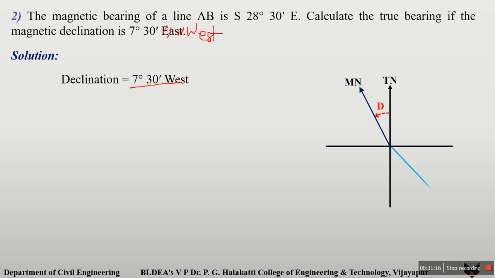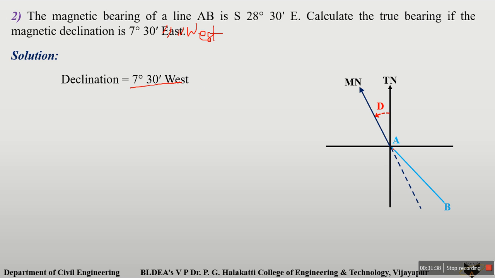Now this is our line AB. The bearing is measured from the south towards the east. I am extending this magnetic north line like this dotted line.